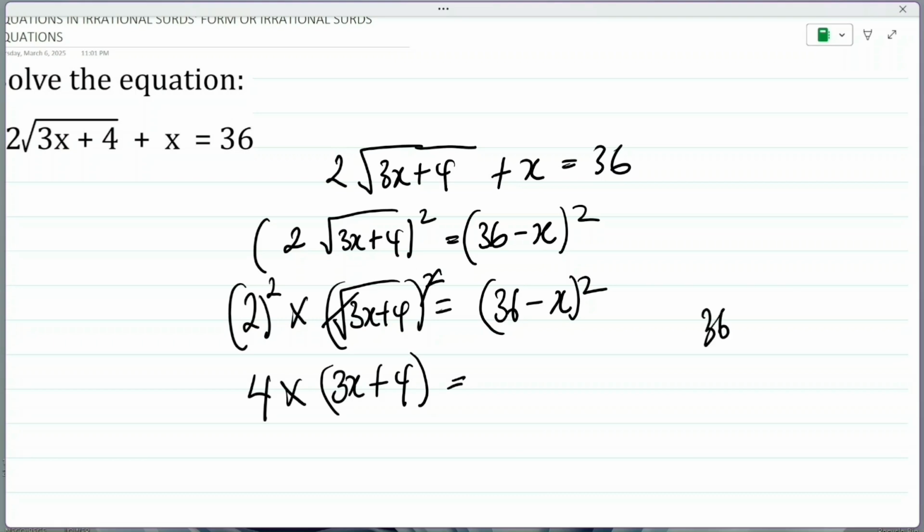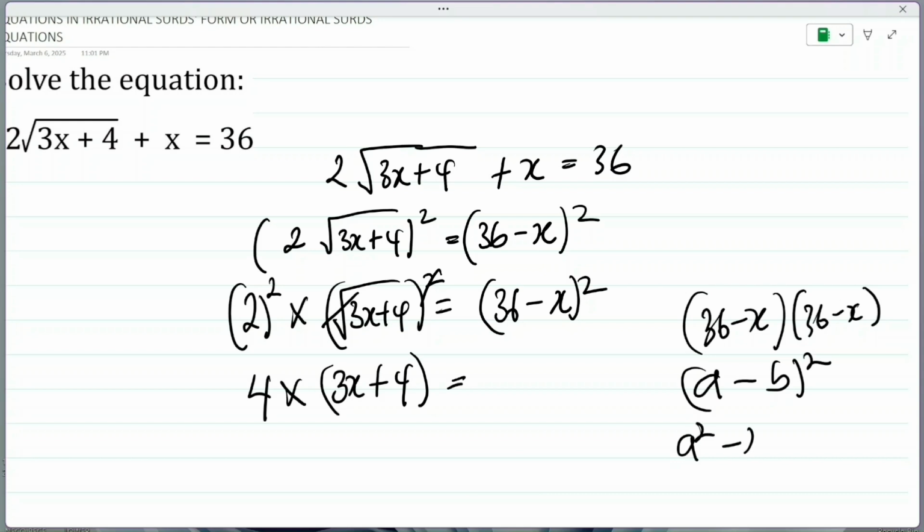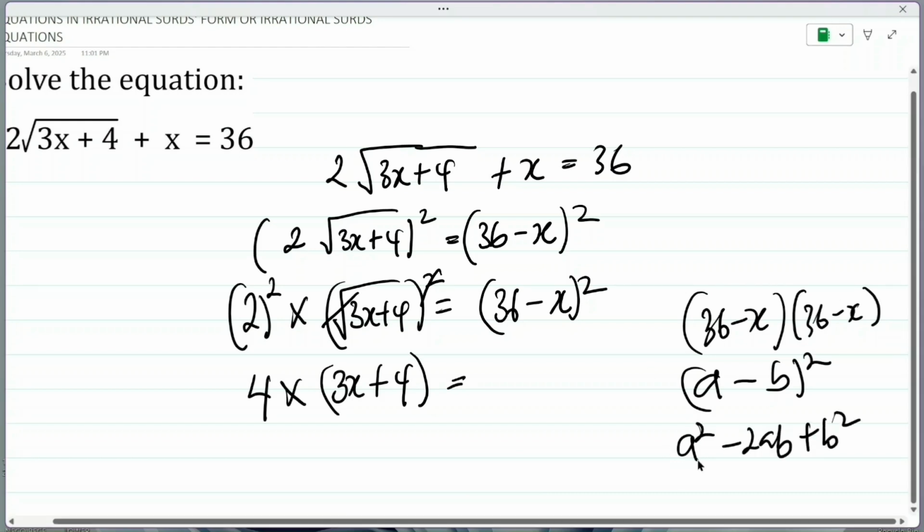You can choose to expand by doing 36 minus x in one bracket, 36 minus x in one bracket, and expand that way. Or you can apply the formula where you have a minus b squared is the same thing as a squared minus 2ab plus b squared. And in this case, 36 is a and x is b. So we're applying this to solve the question to make us move faster.